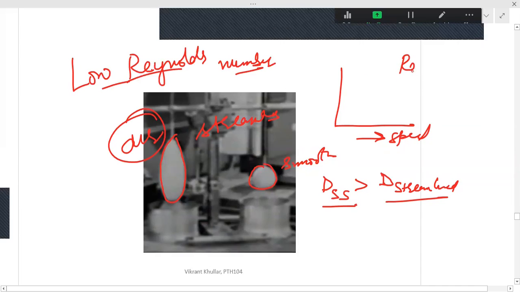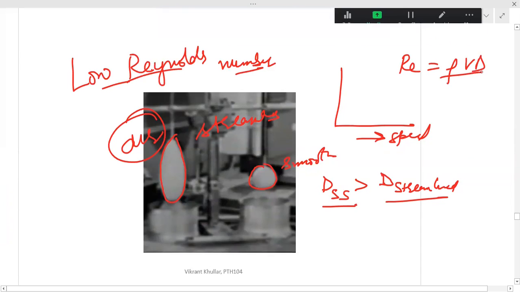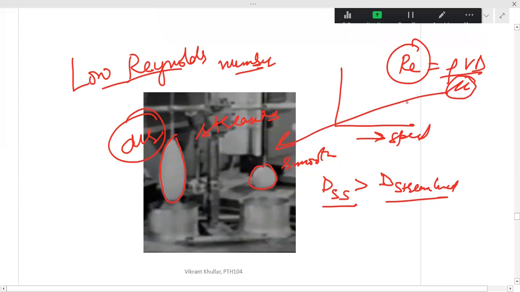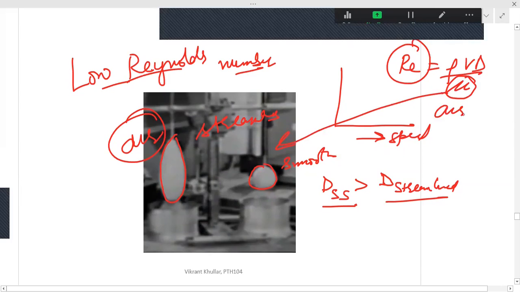So Reynolds number is rho V d by mu. Low Reynolds number means either mu could be small. In this case, the Reynolds number is low due to mu being small because it is air.